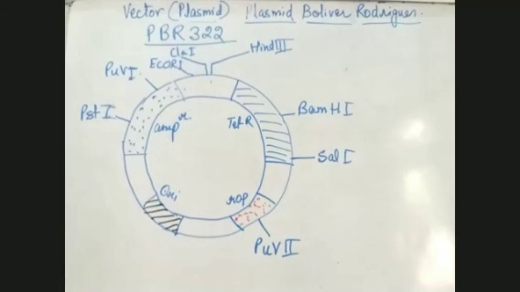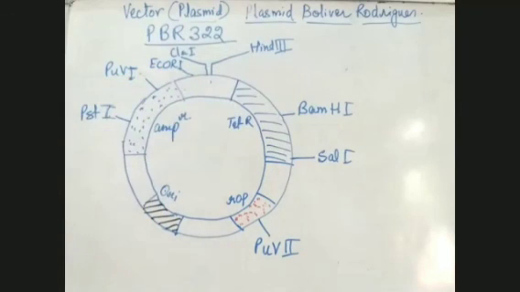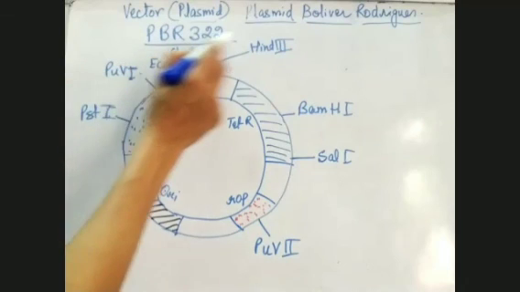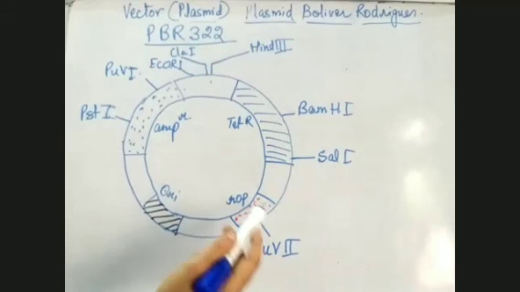Anybody? This ECOR1, Hind3. What are these? Yes, endonucleases. These are endonucleases. That means these are enzymes. These 1, 2, 3, 4, 5, 6, 7, 8 are the enzymes which are used to cut.